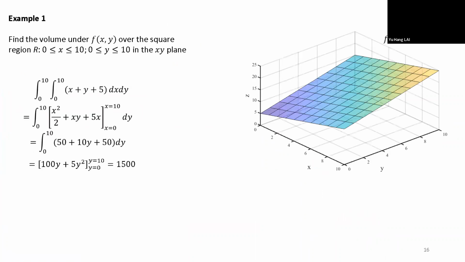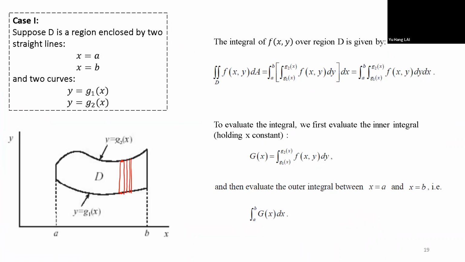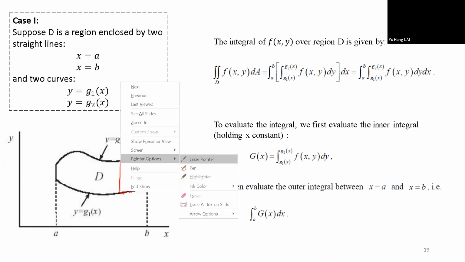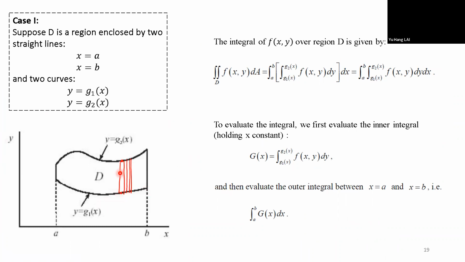However, in this case, the lower limit and the upper limit are different for different slices. If I consider a slice over here, this is my lower limit, this is my upper limit. If I consider this line, this is my lower limit, this is my upper limit. So the limits themselves are also changing.